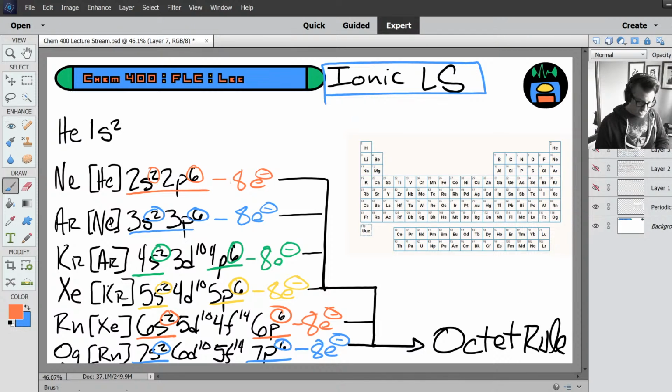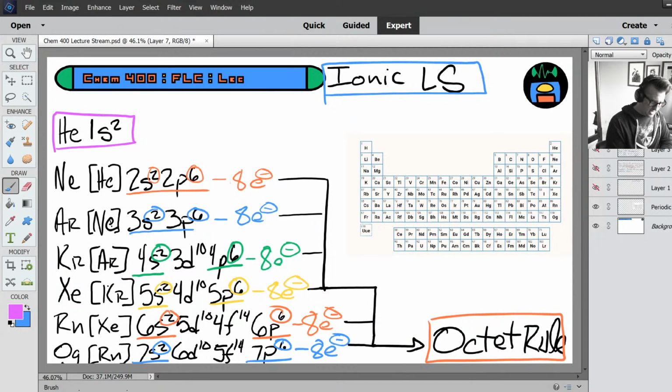The octet rule. Now, you may be going, hang on, wait one second. One of these things is not like the other. What about helium? Helium only has 2 valence electrons. Well, helium will be the exception to the octet rule. The octet rule states that every main group element wants to have the same number of electrons as their nearest noble gas.